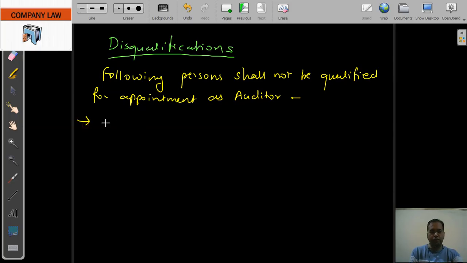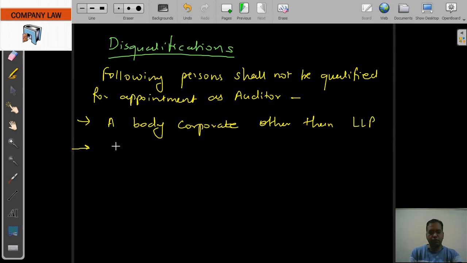The first one is a body corporate other than LLP. So LLP is allowed to be appointed as auditor. An officer or employee of the company is disqualified.